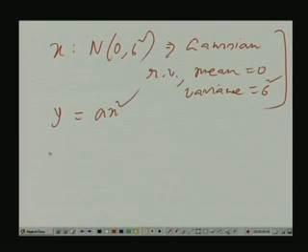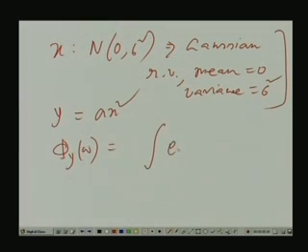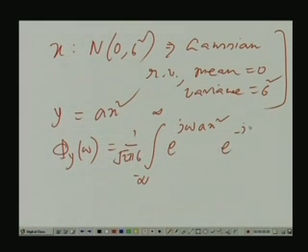Okay. Now, we know what is phi y omega. We can write it simply like e to the power j omega y, which is a x square, and p x x we know 1 by root 2 pi sigma e to the power minus x square by 2 sigma square, dx.